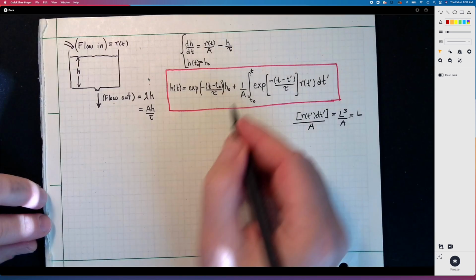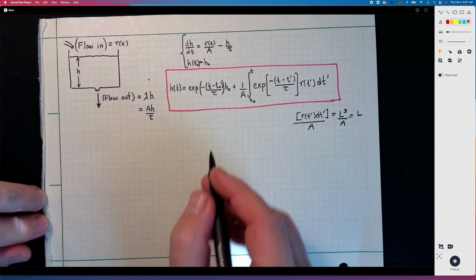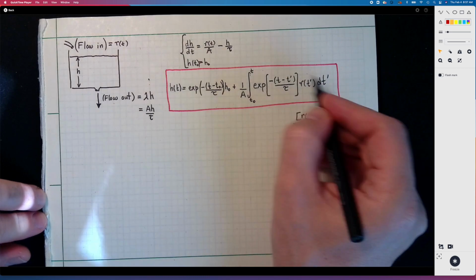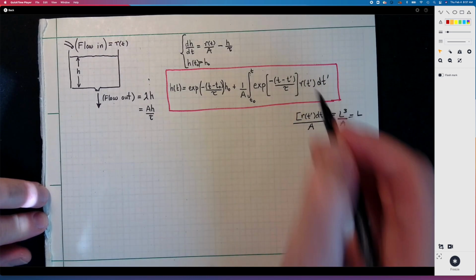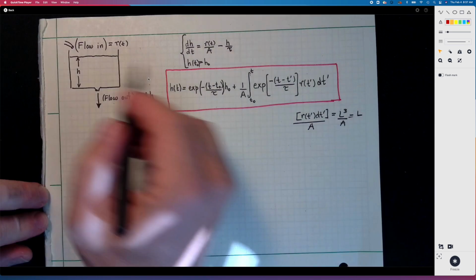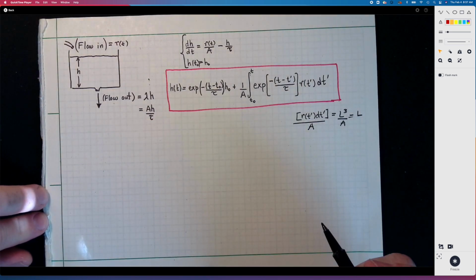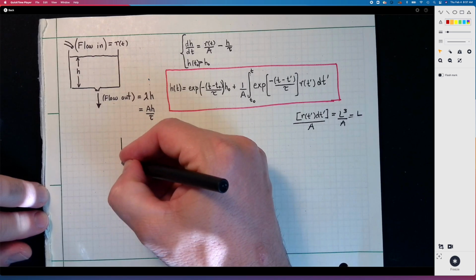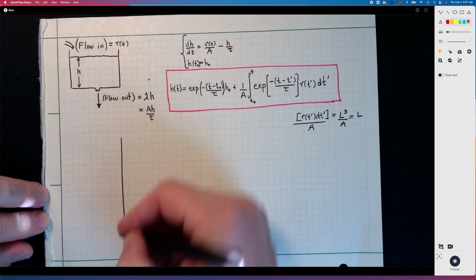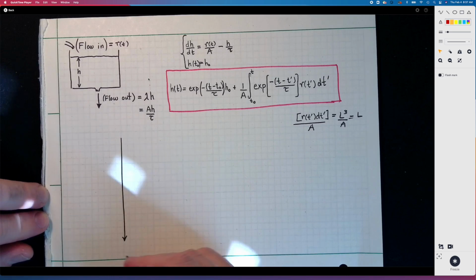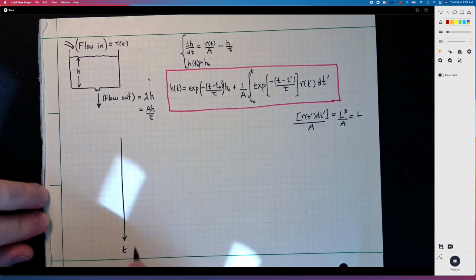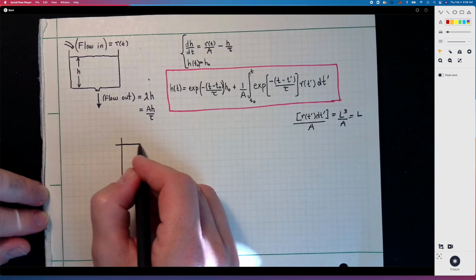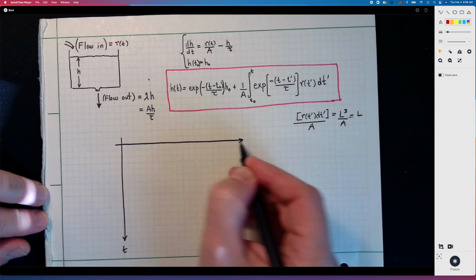So the solution we can view as having two times: t, and then there's a time t prime for when we add the increments of water from the inflow. I'm going to try to explain what this looks like. A little bit unconventionally, I'm going to make the time axis t point downwards, and then I'm going to make the t prime axis move along this direction.